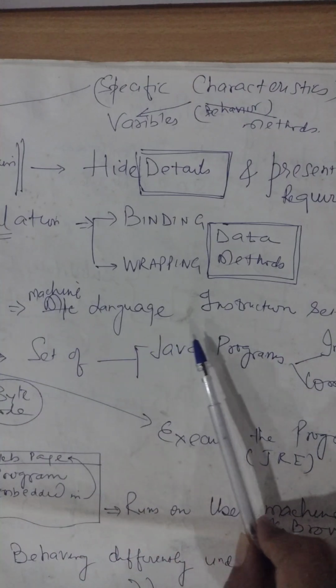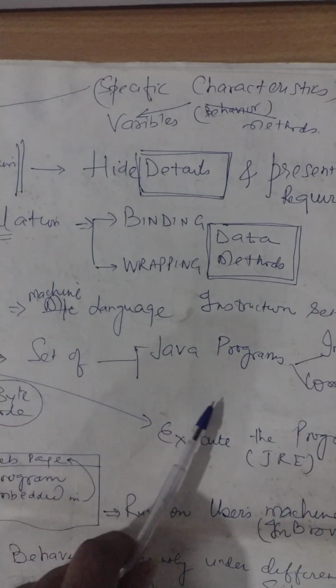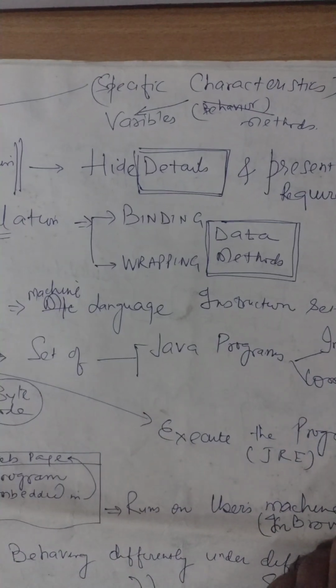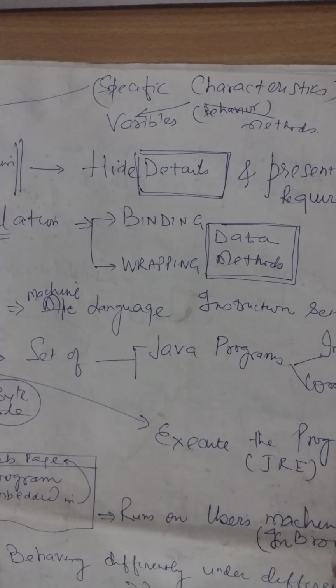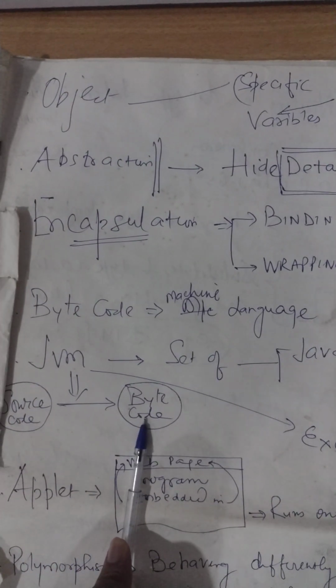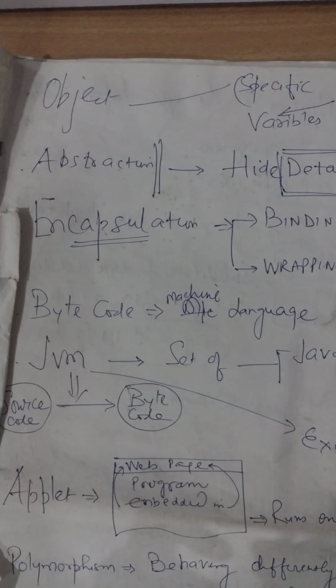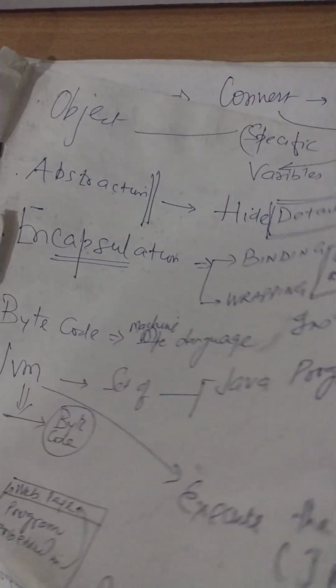Bytecode is machine language instruction set. Java virtual machine is a set of Java programs which consists of interpreter and compiler, which converts your source code into bytecode. So like this you can see the complete set of notes has been created.